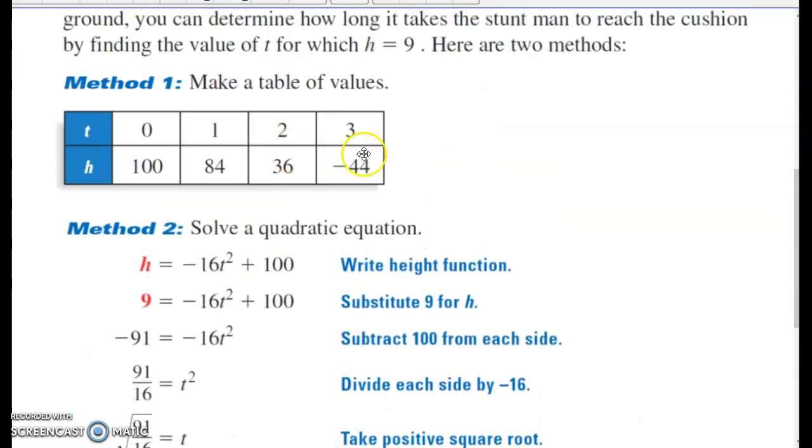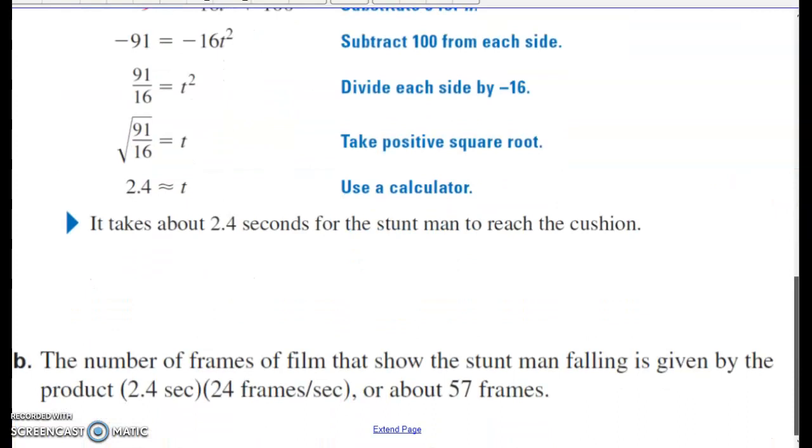And you can see, just looking at the table, it's going to be somewhere between 2 and 3 here. Second part of that, the number of frames of film that shows the stuntman falling is given by the product of, if he's falling for 2.4 seconds and they're filming at 24 frames per 1 second, then we just multiply and we get about 57 frames.